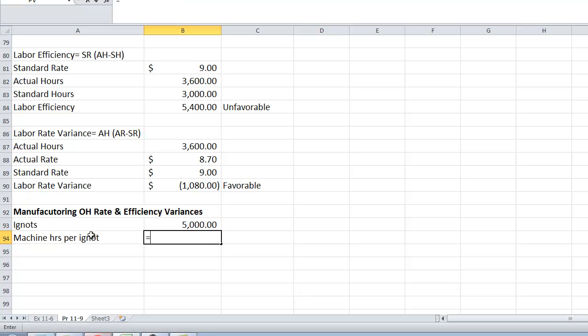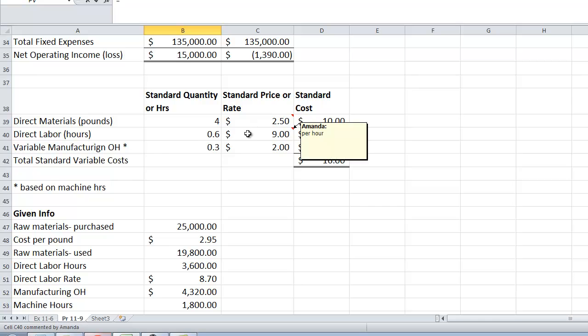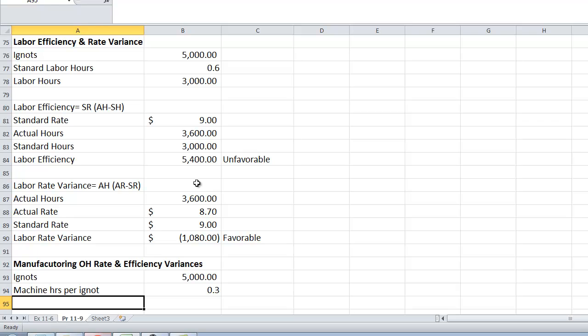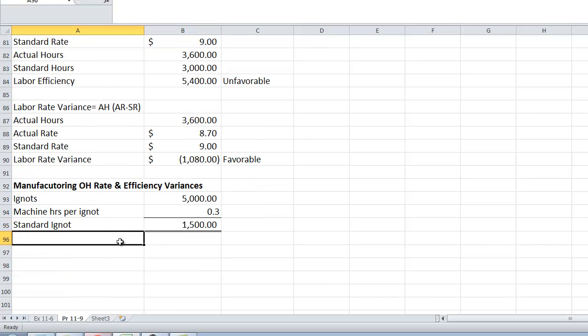This was standard, and it's 0.3. So our standard should have been, multiply these two, 1,500 standard hours.